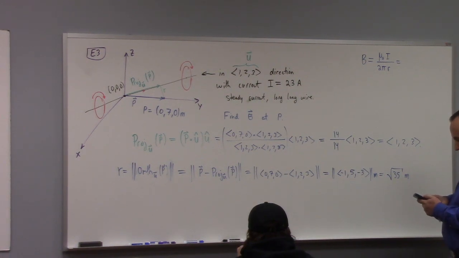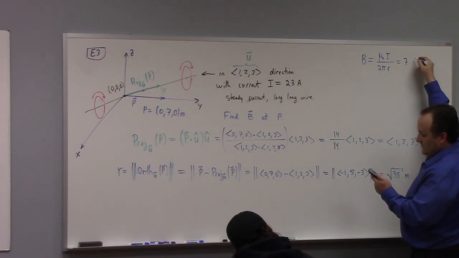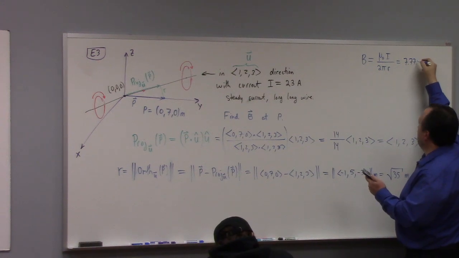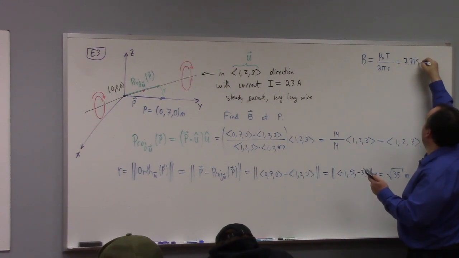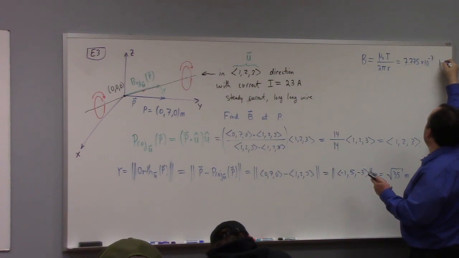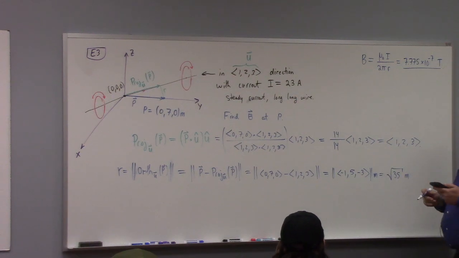Stupid calculator. Oh, cool. I believe I get 7.775 times 10 to the minus 7 Teslas. Am I right? Anybody else get that?